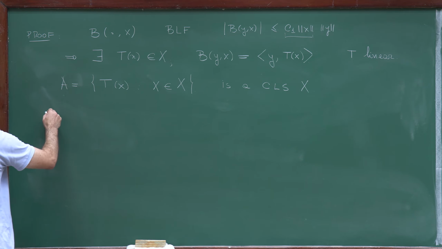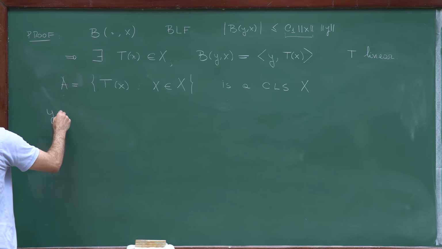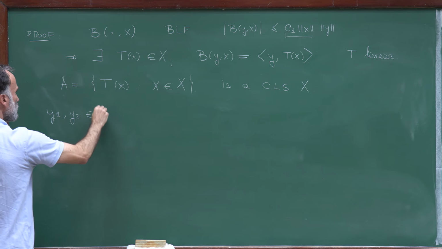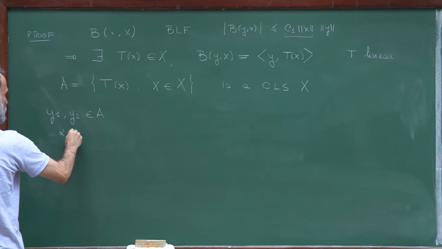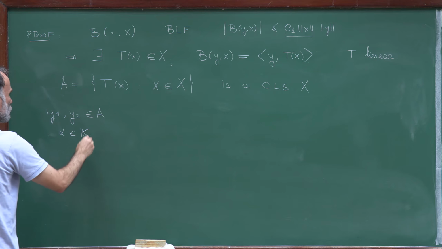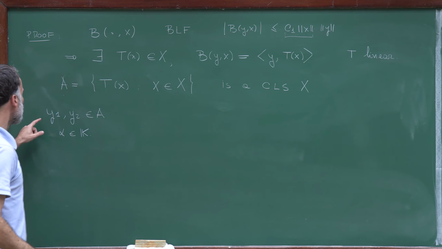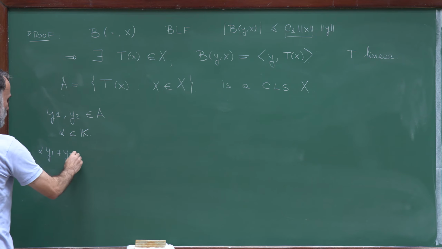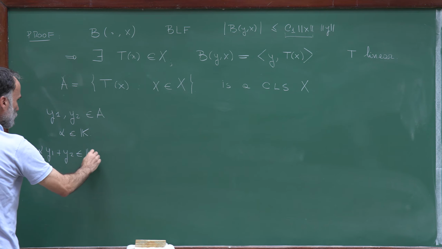If I take y1, y2 in A and α in K, I want to prove that αy1 + y2 belongs to A.